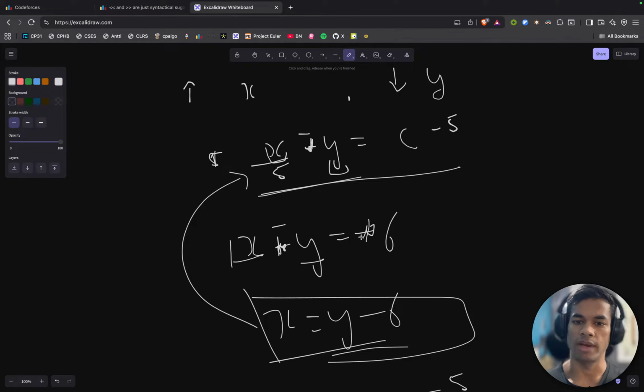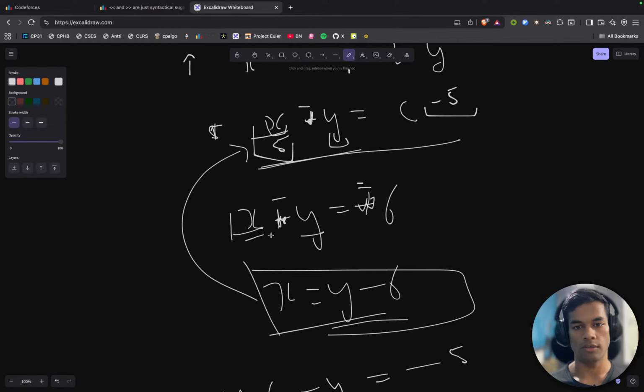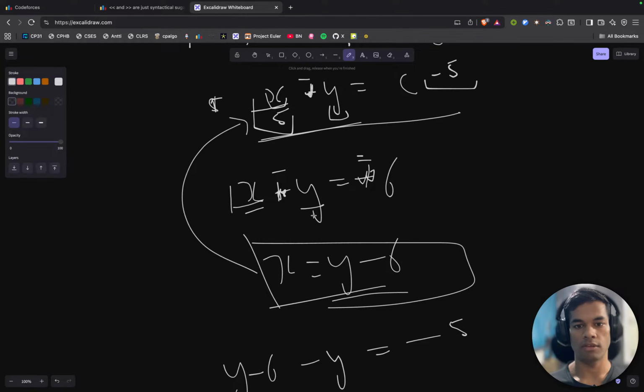No, -6, because it is negative. Total upvotes divided by 5 minus downvotes is -5, and x equals -6 plus y.